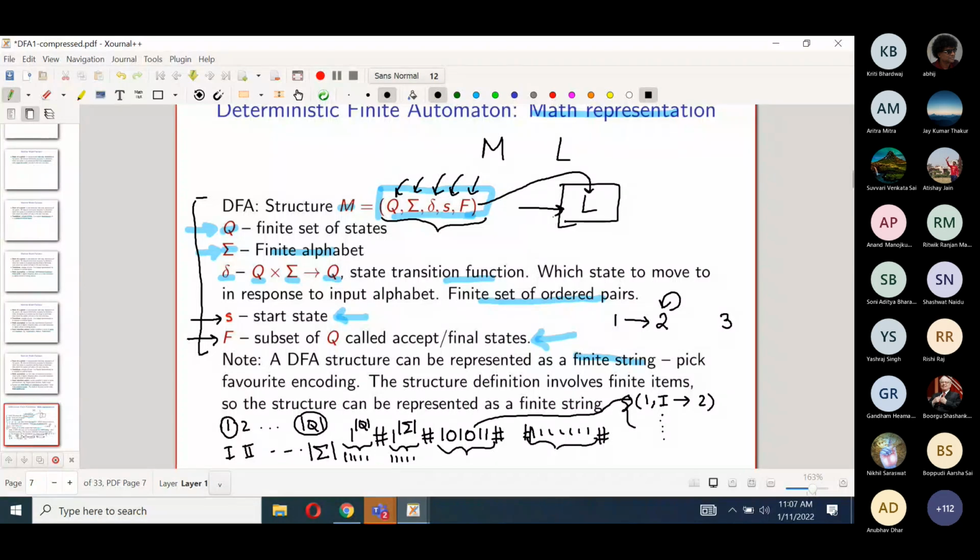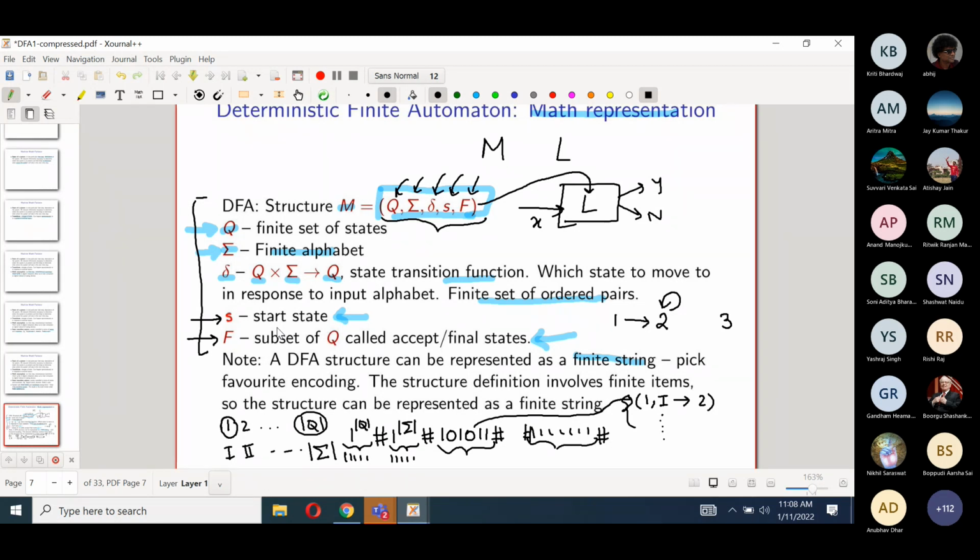And now you get an input X, and you have to answer yes or no. How you answer this yes or no will depend on whether you land up in a final state or not. We still haven't gotten there. There are certain states which will help you in determining whether the answer is yes or no.